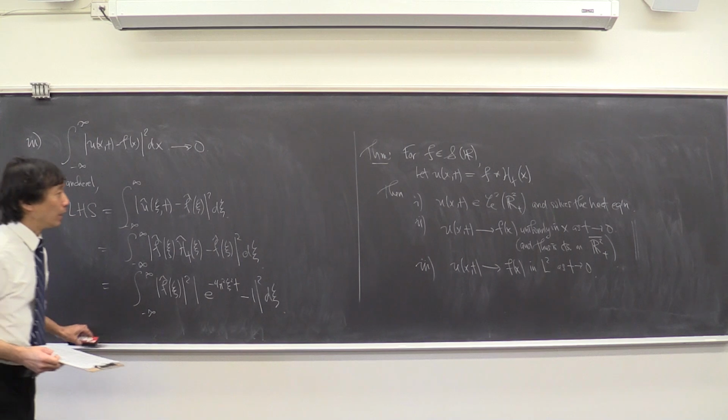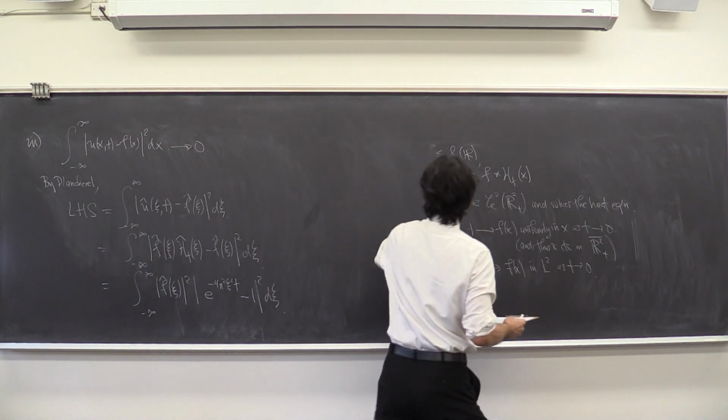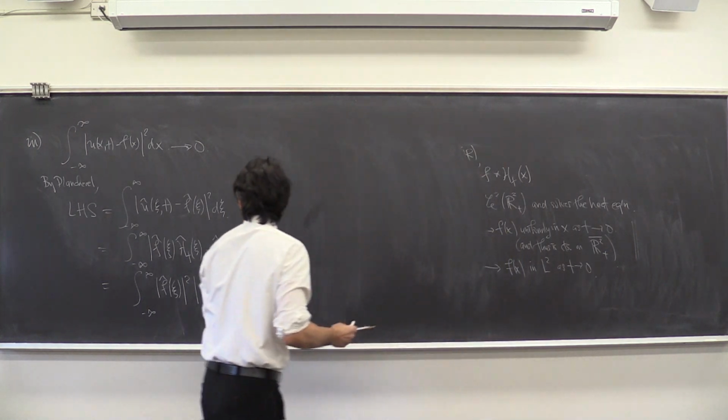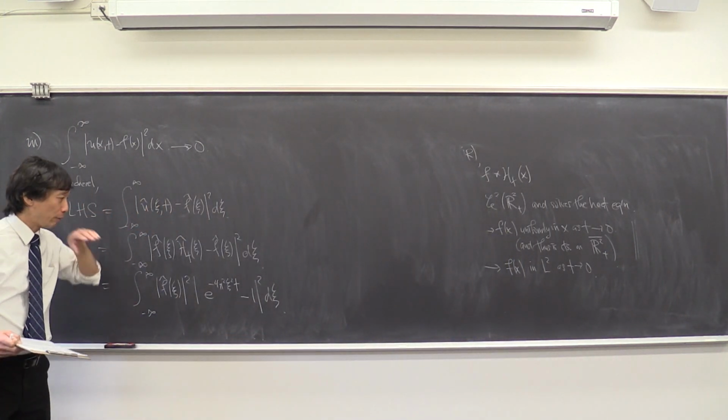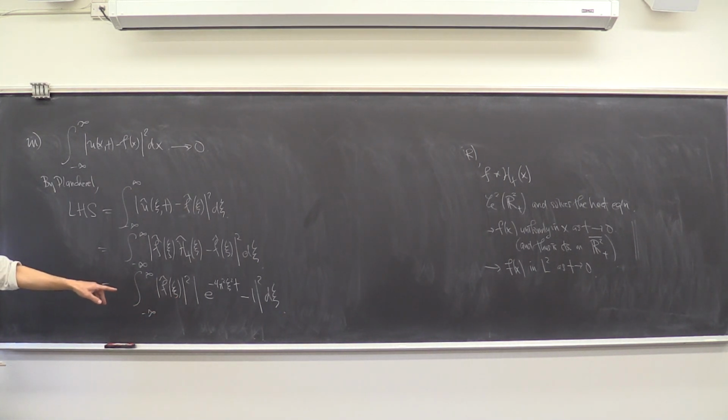So at this point, we play. We want to show that this thing goes to 0. Well, we play the same trick that we've played before.